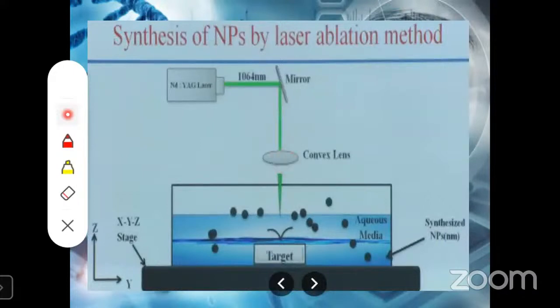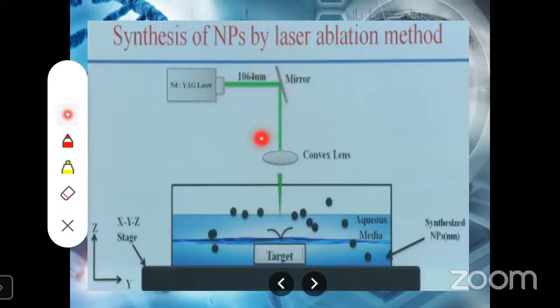You can see that this YAG laser is applied to the metal target. For example, if you want to make silver nanoparticles, you will keep a silver metal here, and if you want to make copper nanoparticles, you can have a copper metal here.